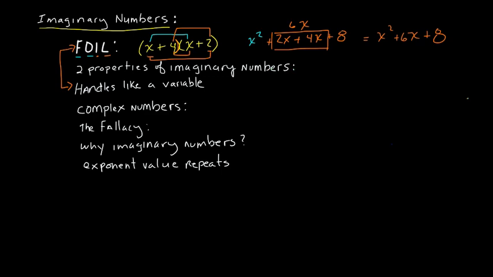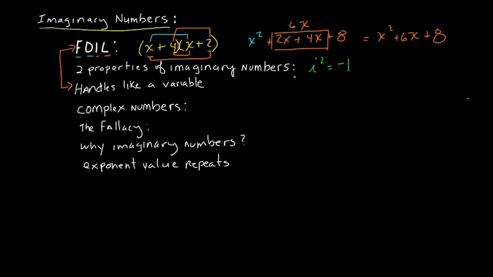Now there's two properties that you need to know about with imaginary numbers, and this is really the crux of the whole thing. First of all, imaginary numbers are represented by this term i. And really all it is the concept that i squared equals -1.